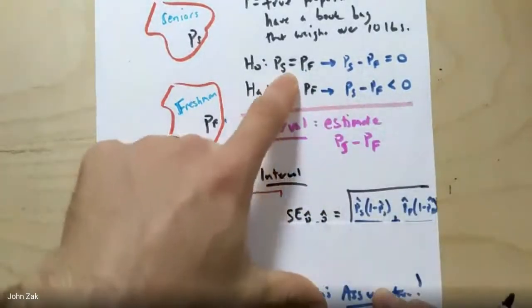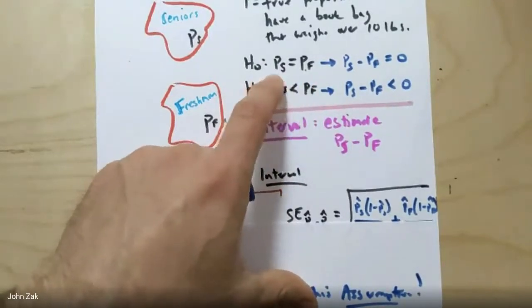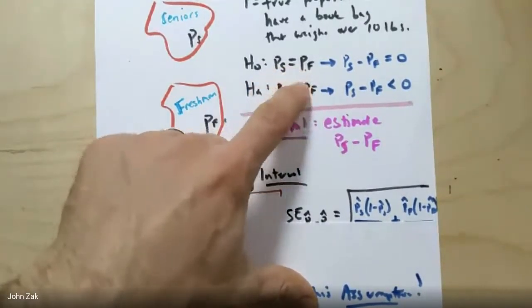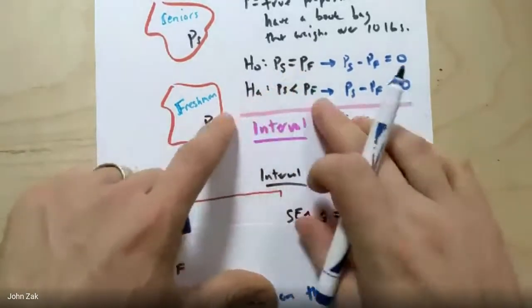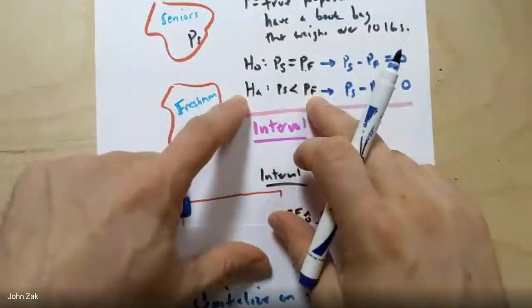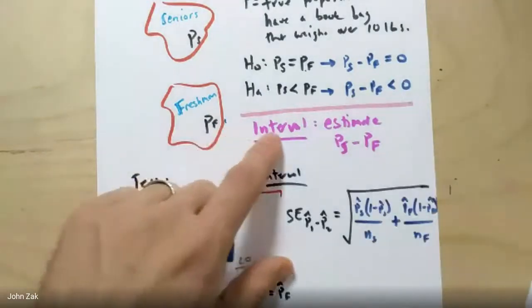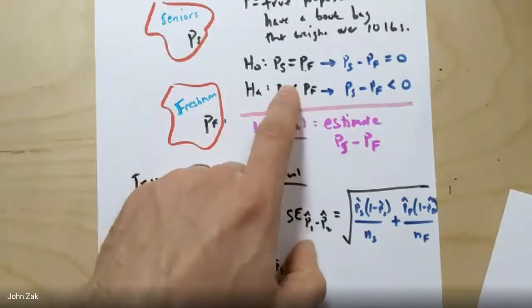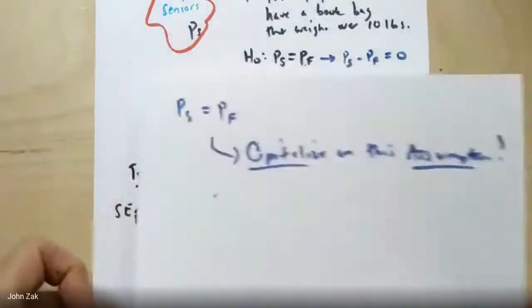So they could both be 80%, or both be 40%, or both be 10%, and I wouldn't care. It wouldn't make any difference to me whatsoever in terms of whether I reject or fail to reject the null hypothesis. All I'm trying to do is prove that one is less than the other, but I'm beginning with the assumption that they are both equal. I don't actually care about the values.